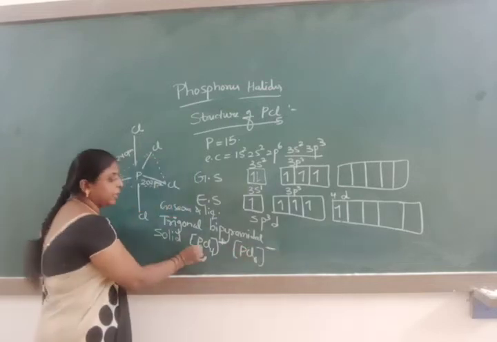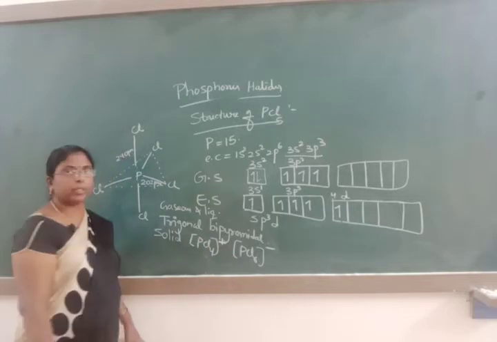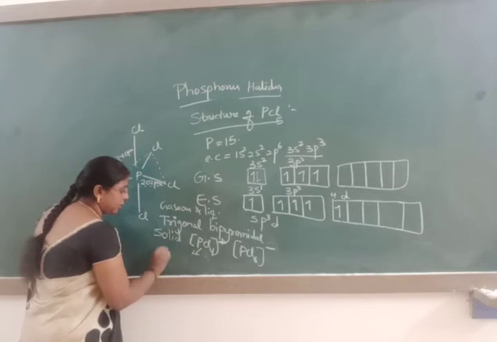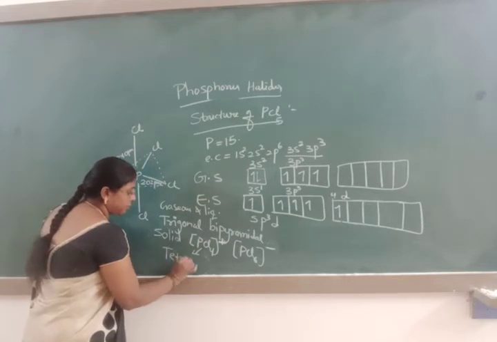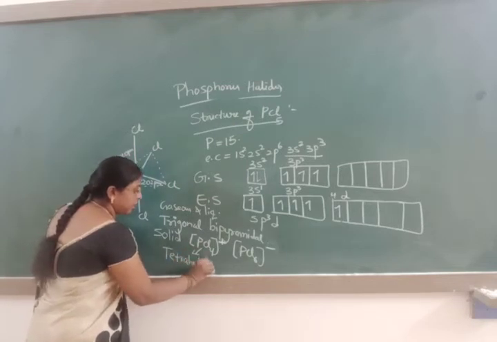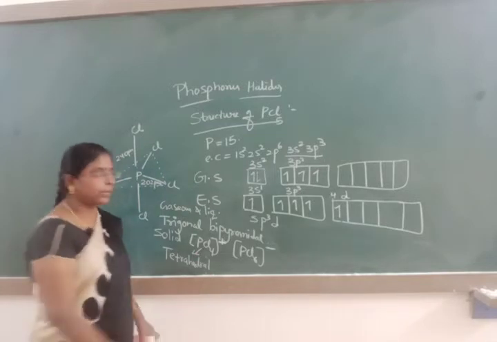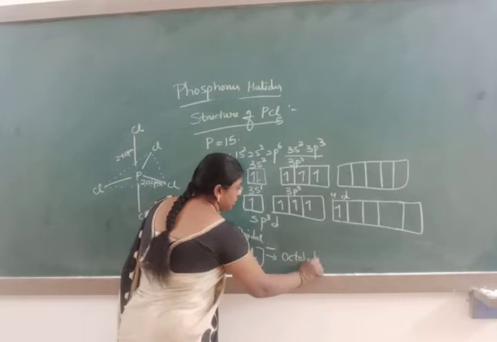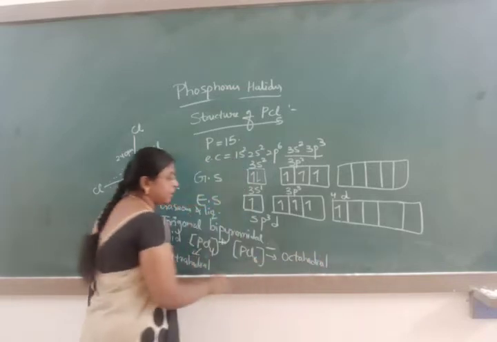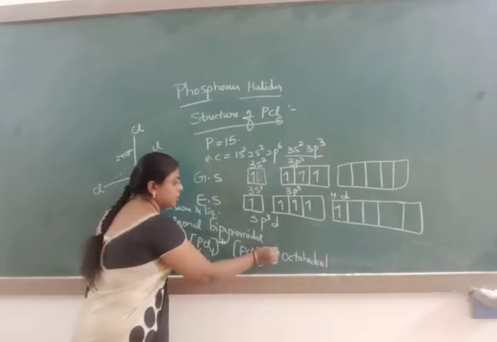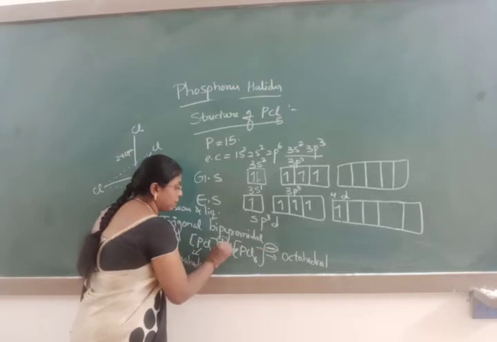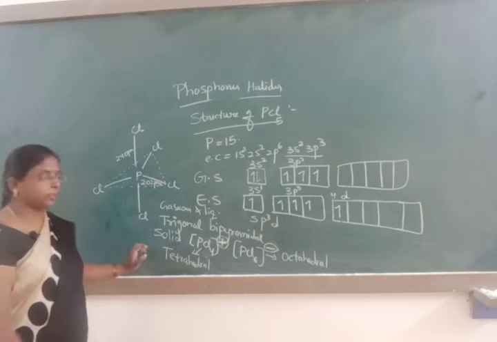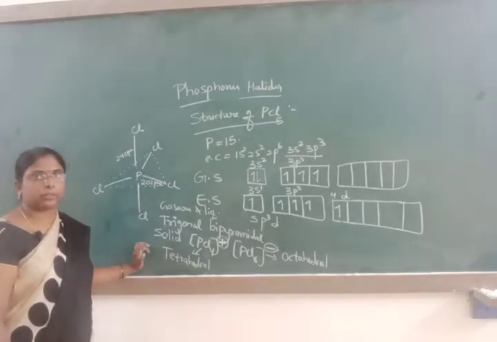It forms a cation and an anion in the solid form. The PCl4 plus cation is tetrahedral, whereas the PCl6 minus anion is octahedral. This is about the structure of PCl5.